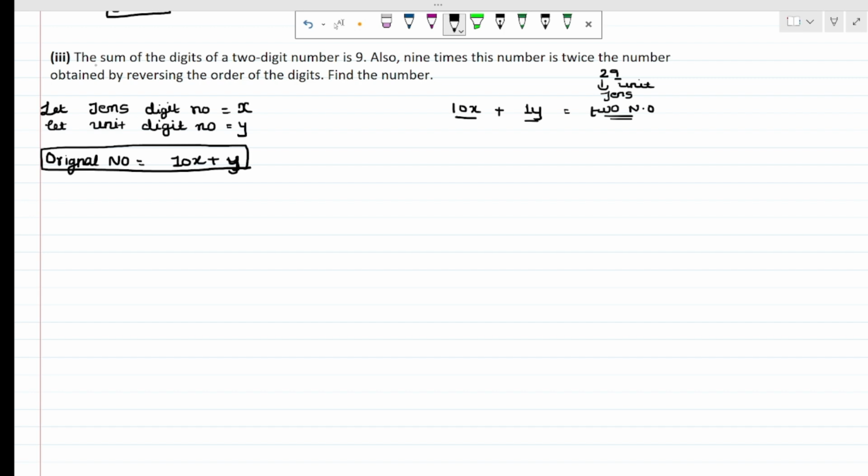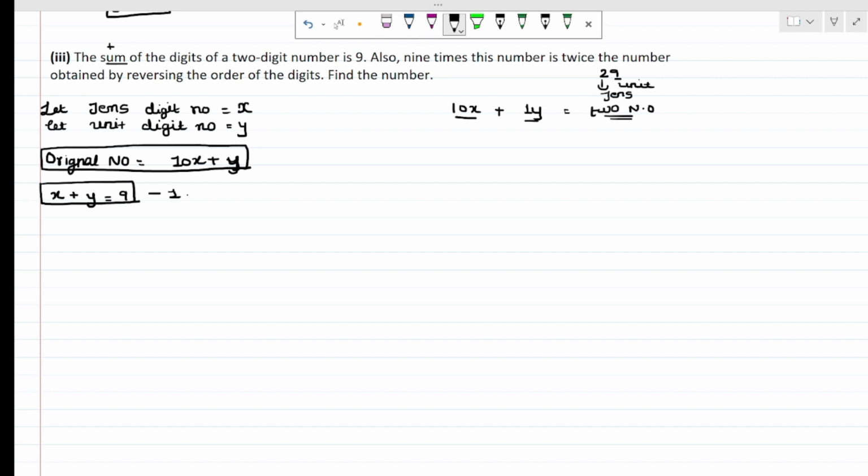As our first statement says, sum means you should have a plus sign in between. The sum of digits of the two-digit number is 9. That means the summation of these two will give us 9. So our first equation will be x plus y equals 9. This is our first equation. Keep this in a box and name it equation number 1.